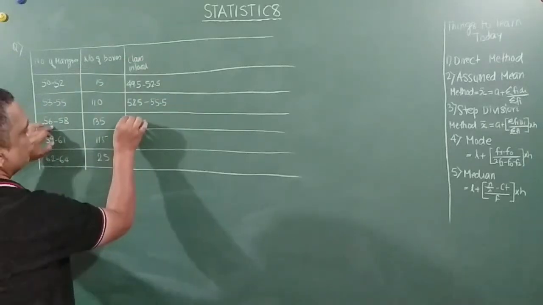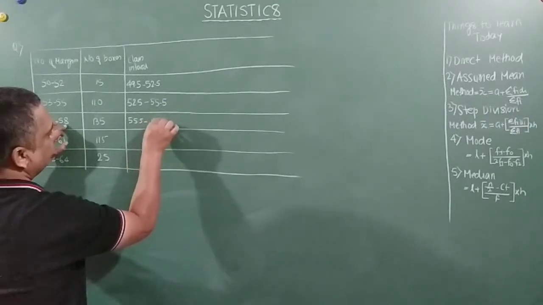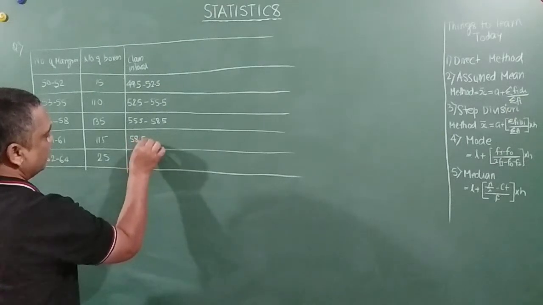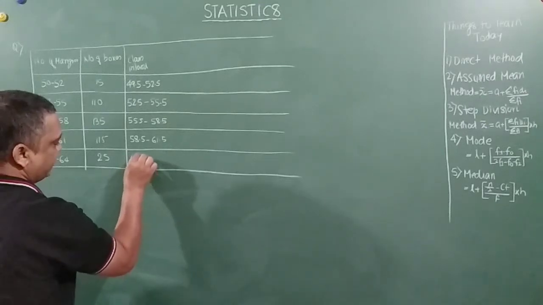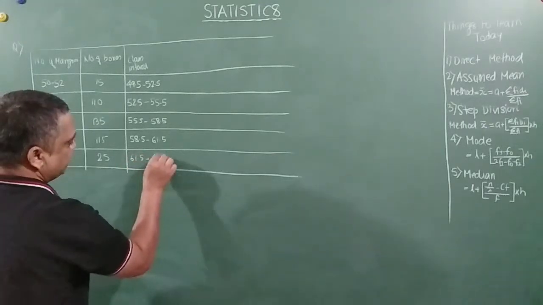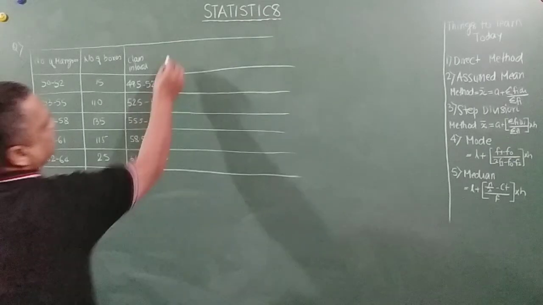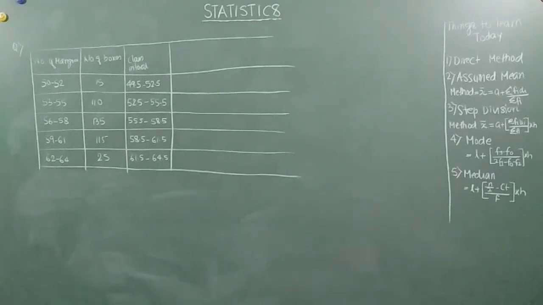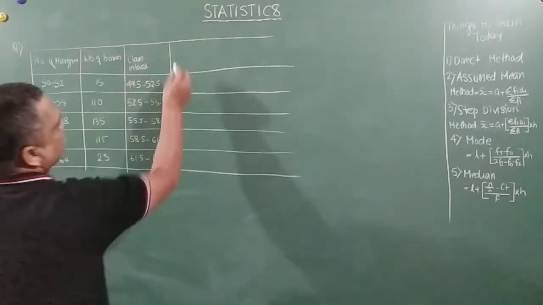Now this is 55.5 to 58.5, then 58.5 to 61.5, then 61.5 to 64.5. I hope you got it. This is the revised class interval. Now, once we have got this revision, we will find out xi, that is our class mark.